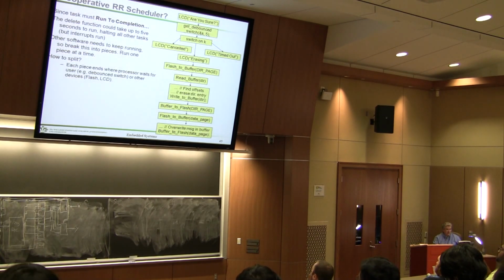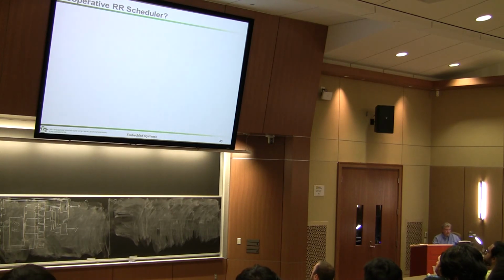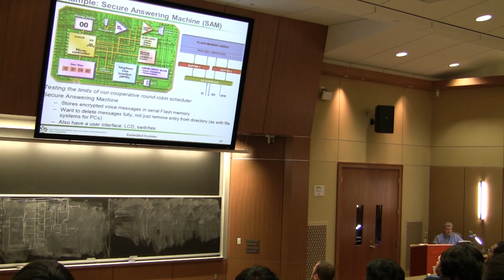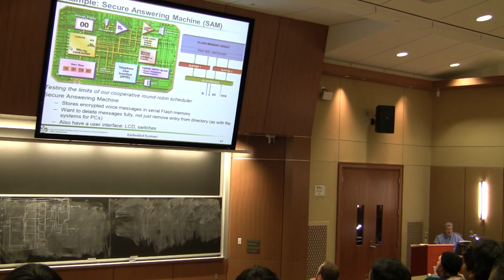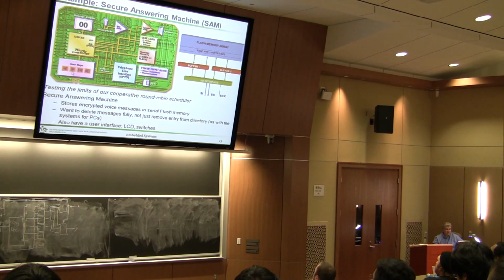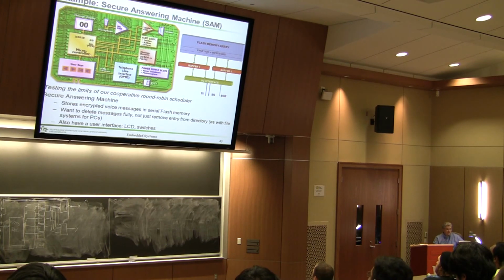All right, so if we look at one of our applications, we've looked at this before, right? An answering machine, and this is a really simple one. Hey, look what we have. We have some microcontroller, which is going to use some keys. We have all of this hardware out here that will allow us to do things like take our telephone line, A to D conversion, and record messages, right?